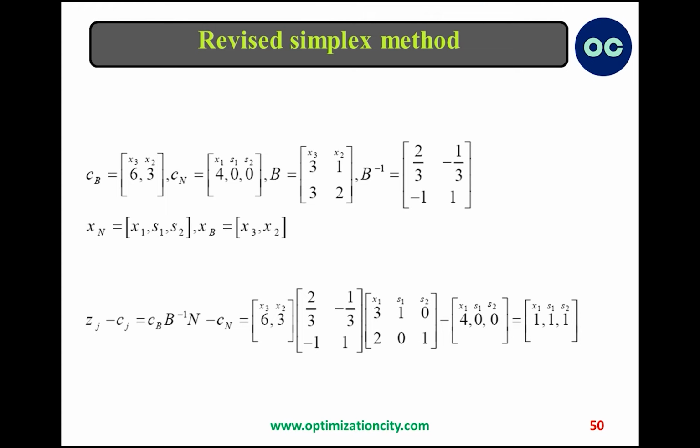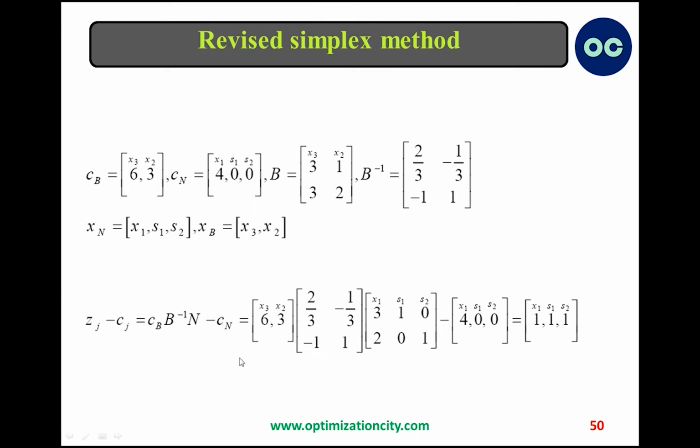C sub B is the coefficient of x3 and x2 in the objective function. Cn is the coefficient of x1, s1, and s2 in the objective function. B is the coefficient of x3 and x2 in the constraints. B inverse is its inverse. Xn is x1, s1, and s2, and xb is x3 and x2.